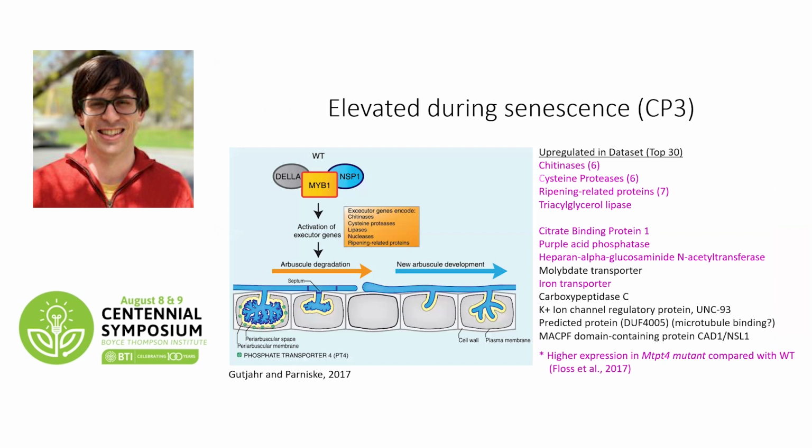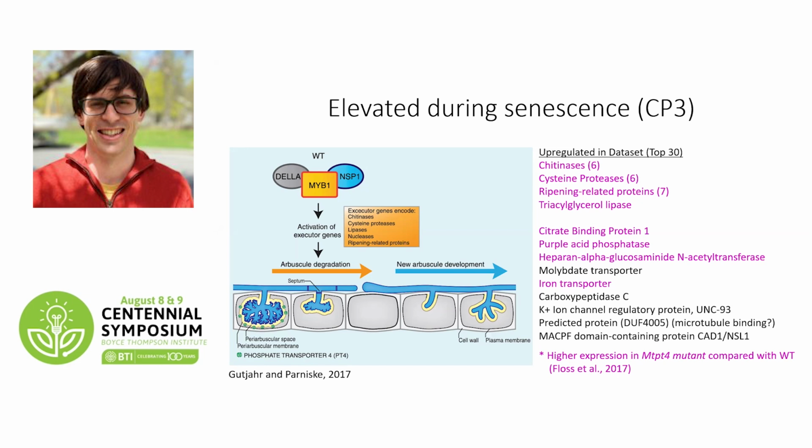On the senescence side, the degenerating arbuscule side, it's been known that chitinases and proteases and lipases play a role in degrading a lot of that structure and creating these monkey fists that you see at the end. And we find the exact same thing when we use our study to look specifically at those degenerative cells. We see chitinases, proteases, RNA-binding related proteins, some lipases.